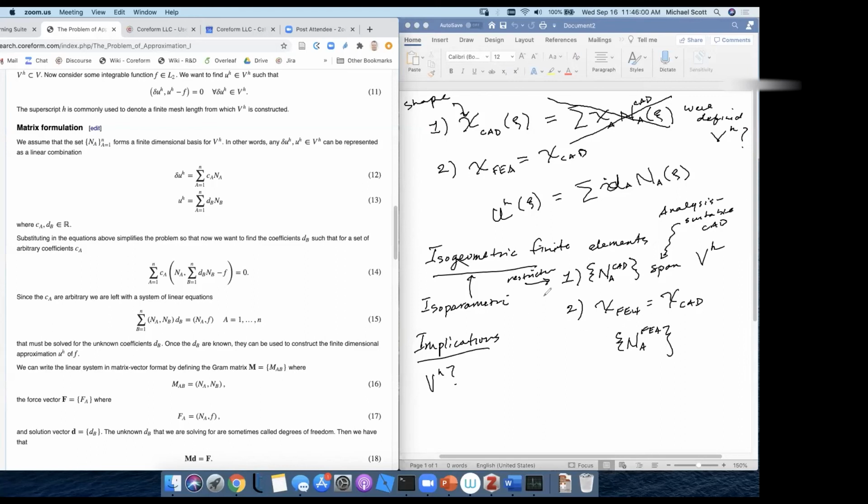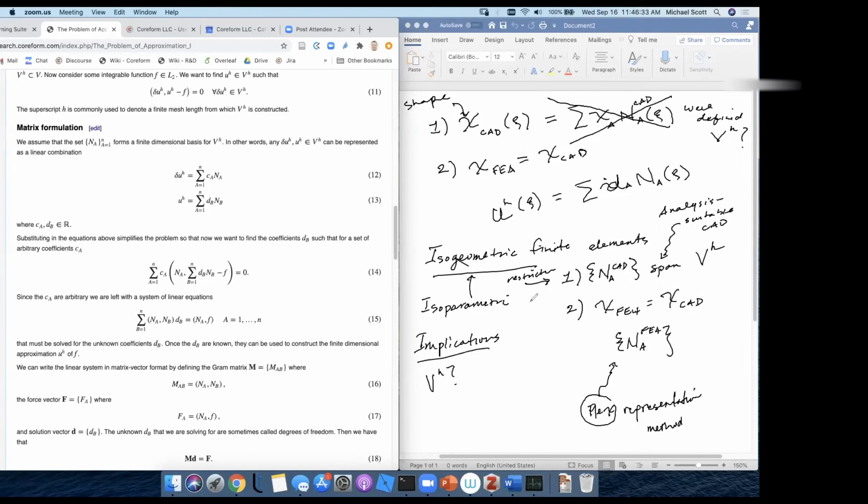And the term that we use for this currently is, we call it at least the flex representation method, meaning there's some flexibility because you have removed the constraint that these guys have to span some well-defined solution space, but you're still using the exact CAD geometry in the simulation.